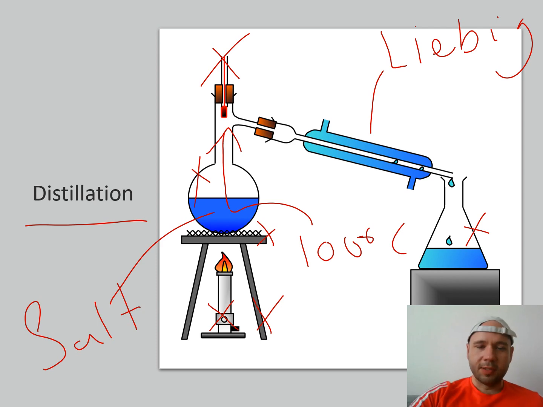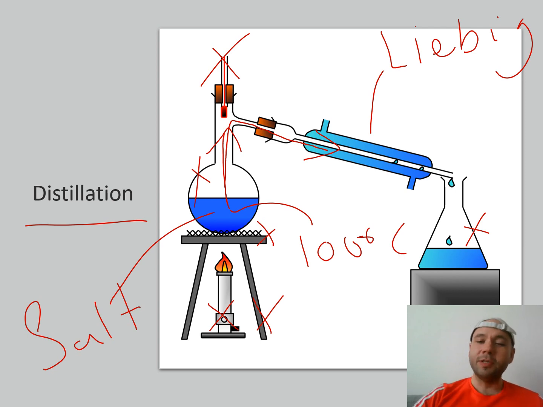Okay, so the water has evaporated and it's moving up the flask and it moves into the Liebig condenser. So as it moves into the Liebig condenser, it's in a gaseous state. It's a gas. And what we want to happen inside the Liebig condenser is to turn that hot gas into a liquid so that we can collect it in the conical flask.